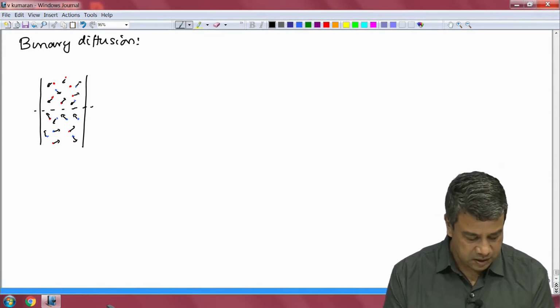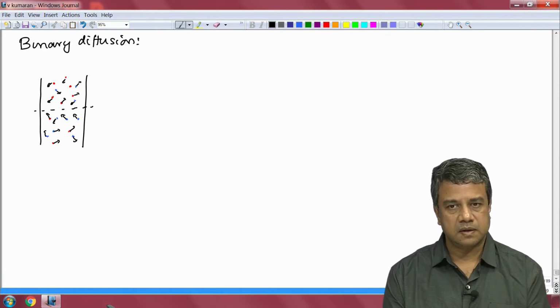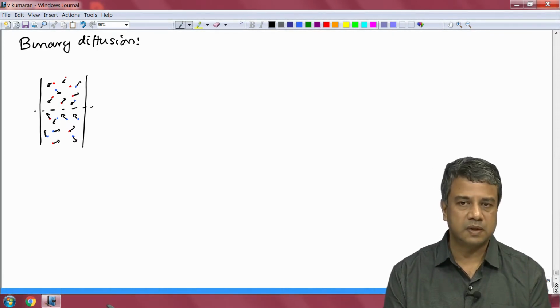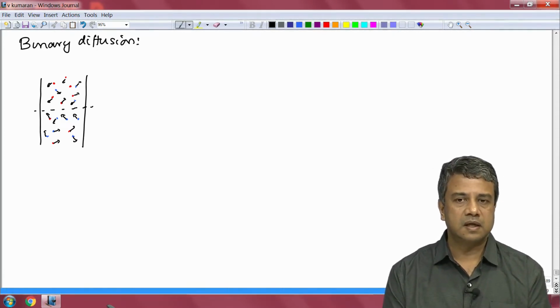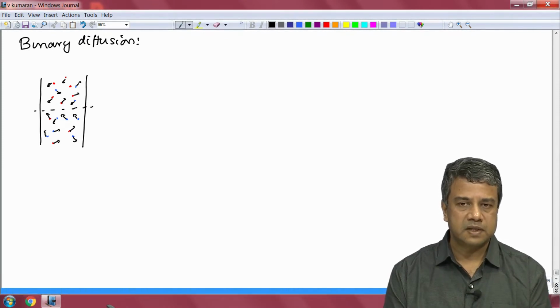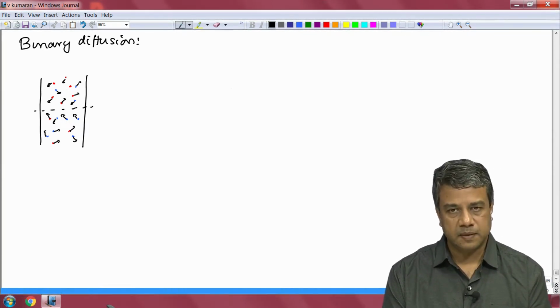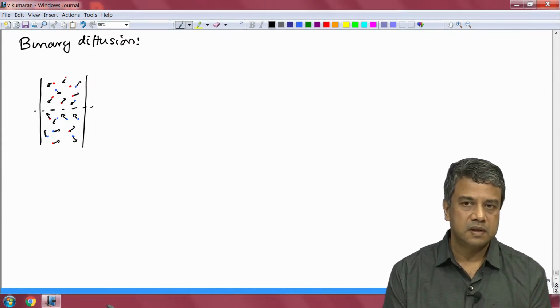That is the issue in multi-component diffusion: when species move relative to each other, even though the number density of each species moving up and down may not be different, there could be a net motion of mass because the mass is different.